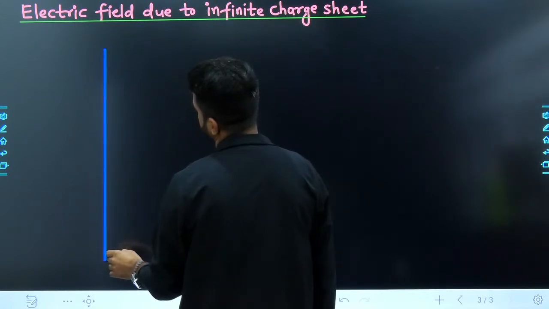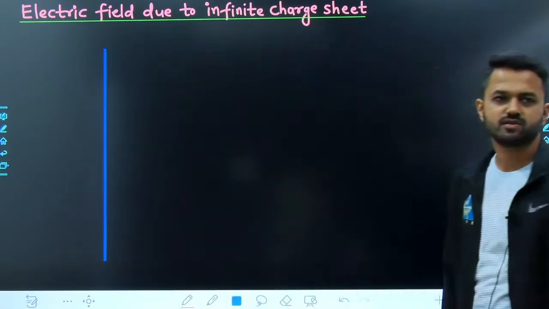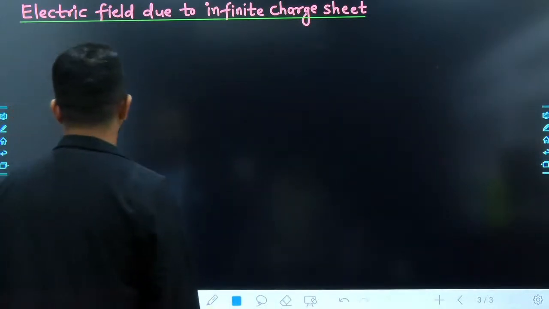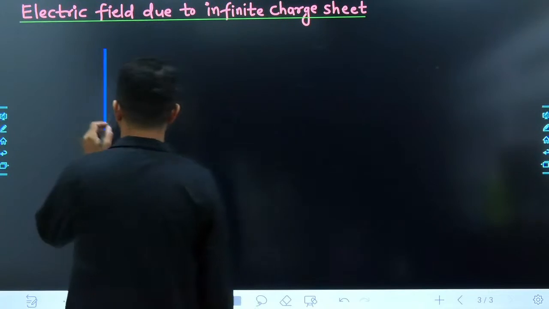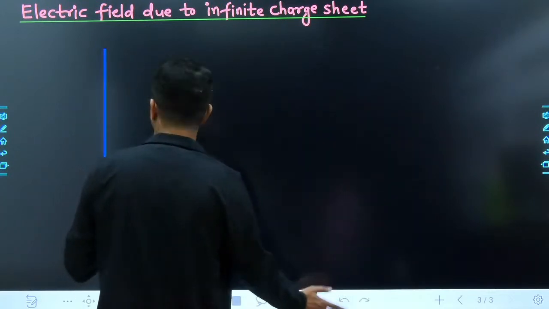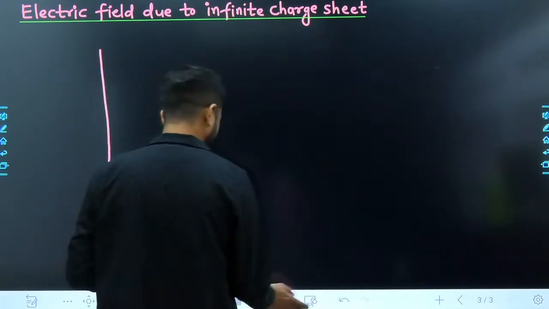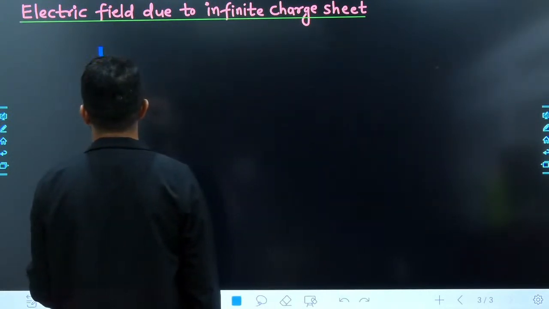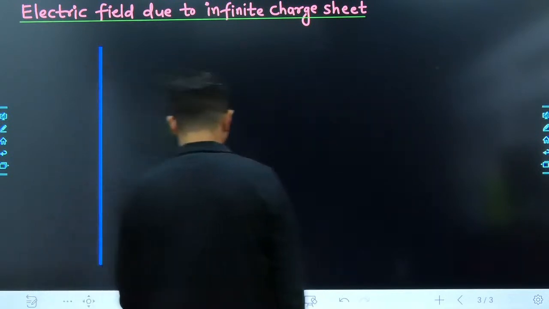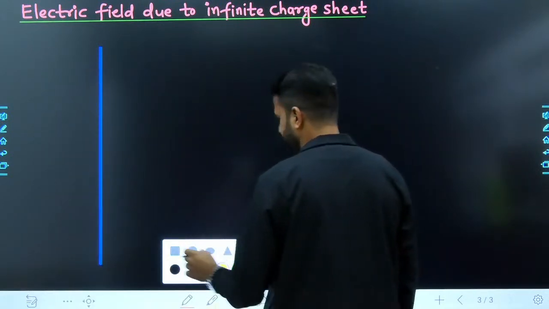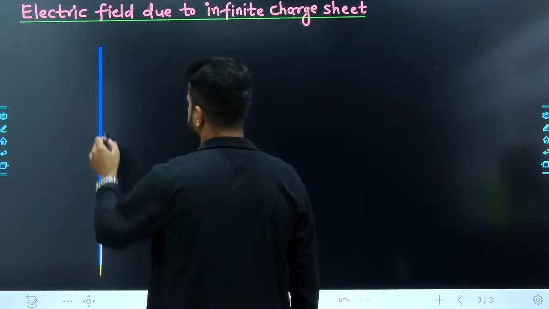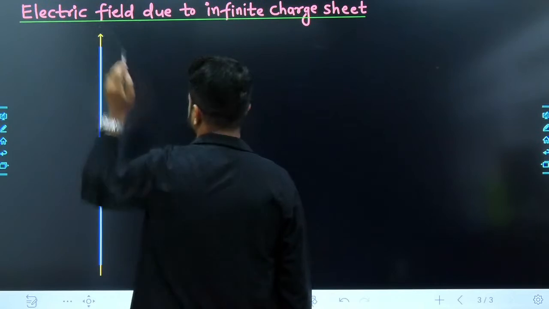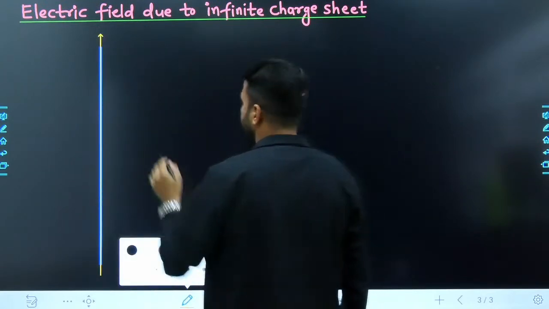This is the infinite long line charge. So the charges are present here. We have kept it along the z direction. So this is the z axis.